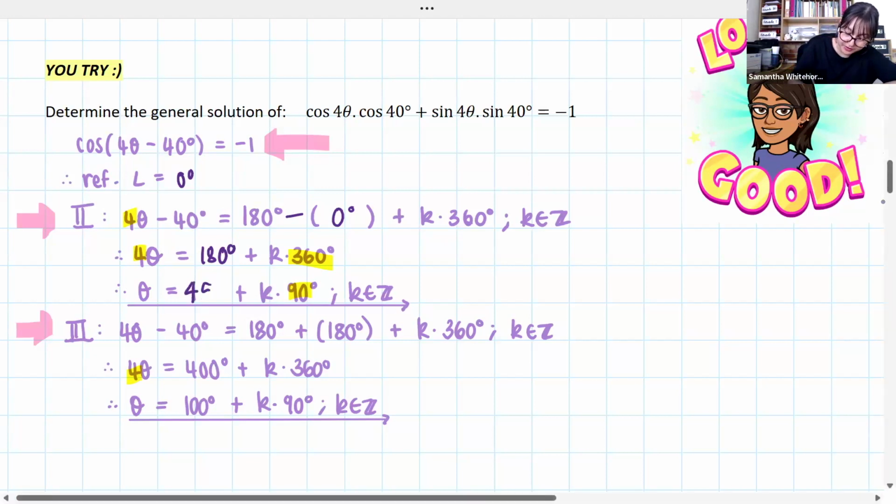So it should be 45 plus k times 90. Thank you. 180 plus 0 is then just 180, which divided by 4 is 45. Okay, do we agree with this now? Mitchell, just let me know, because like I said, I clearly got my own brain confused.